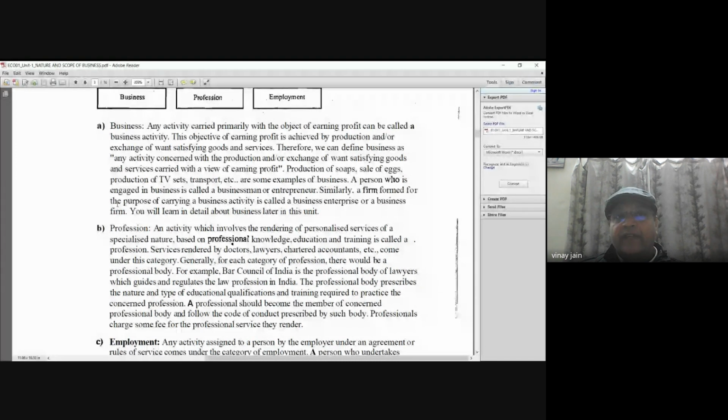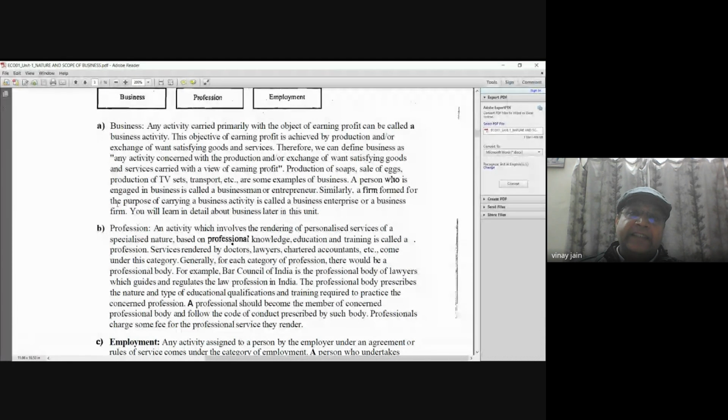So guys, if you are able to satisfy your customer's want, you are a good businessman, and you'll earn a lot of profit out of it, otherwise not. Therefore we can define business as any activity concerned with the production and or exchange of want satisfying goods and services carried out with a view of earning profit.